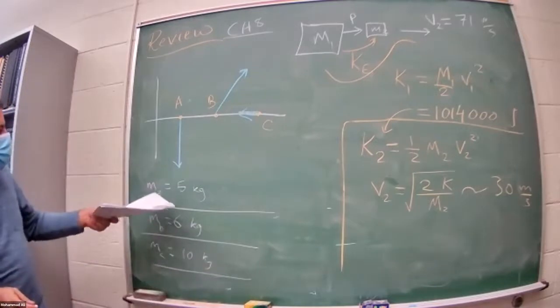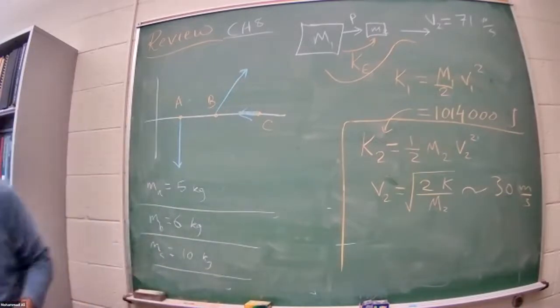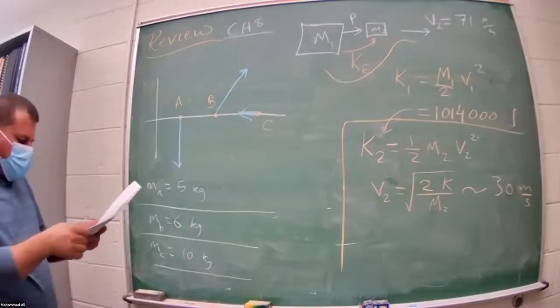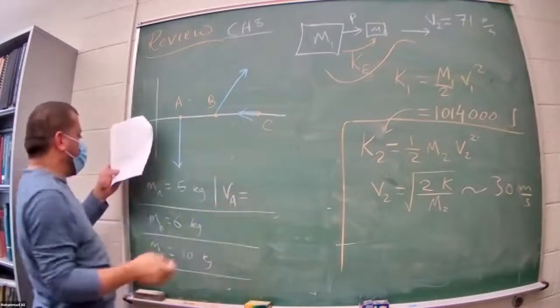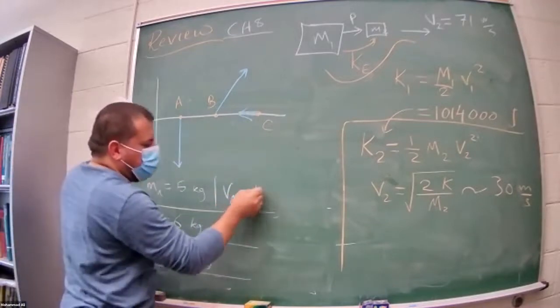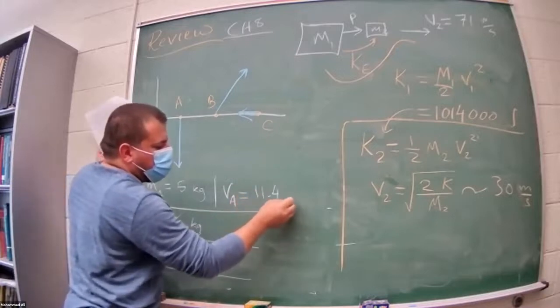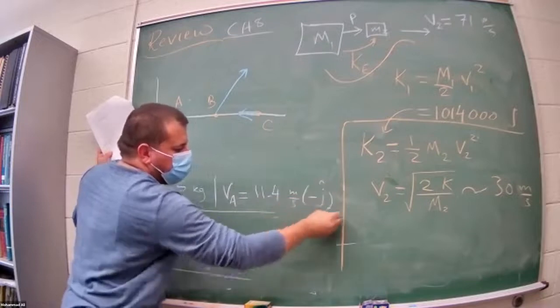The velocity of A is in the negative y direction. You can see that. VA is equal to 11.4 meter per second negative J hat.